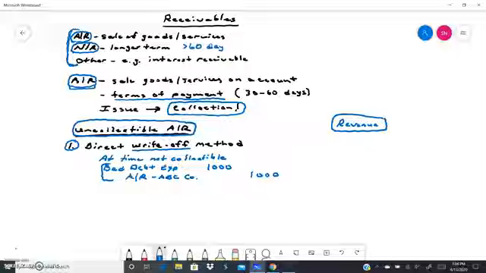But any business of any size would be at a huge competitive disadvantage if they did not offer terms. And so when we're talking about providing these terms of sale, we're doing it because we're really forced to, because all of our competitors are doing that. So revenue is really being generated by offering payment terms.